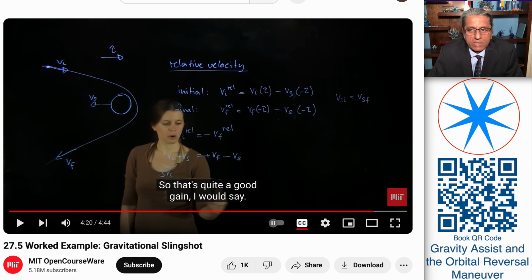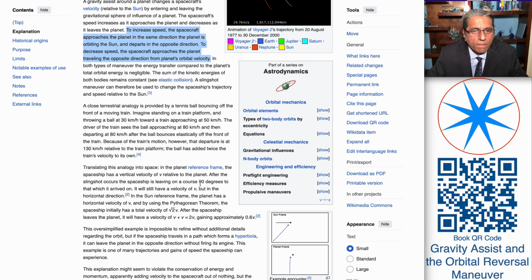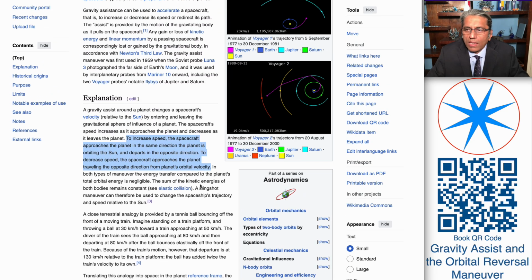There is an x component and a y component. And that's Wikipedia. What does it have to say? Again, here it says to increase speed, the spacecraft approaches the planet in the same direction the planet is orbiting the sun.